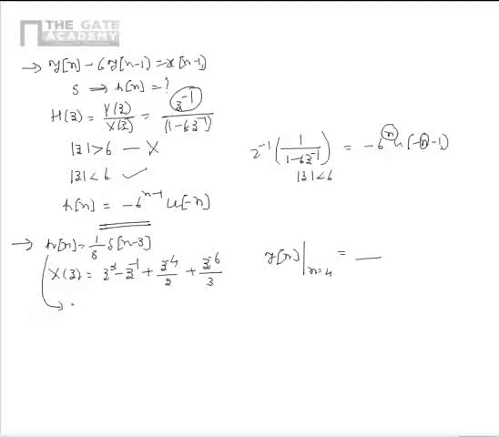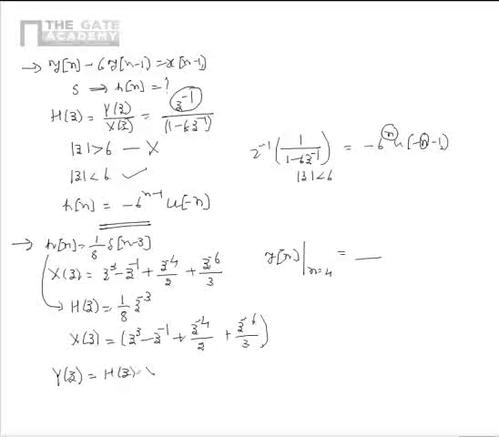From the given impulse response, the system function can be written as H(z) = 1/8 multiplied by z^-3, and the input has a z transform of X(z) = z^3 - z^-1 + z^-4/2 + z^-6/3. From this, we see that the output y(n) has a z transform of Y(z) equal to H(z) multiplied by X(z).